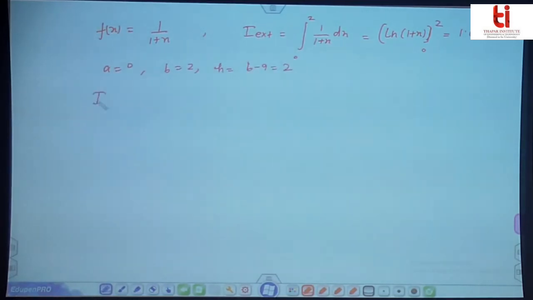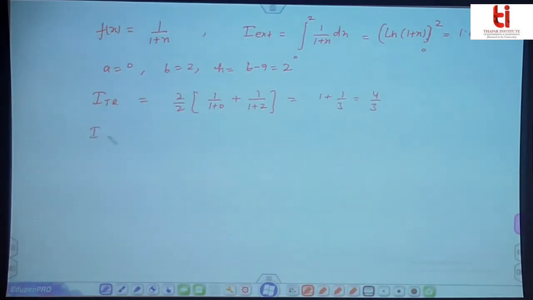Then the trapezoidal rule: it is 2 upon 2 times [f(0), so 1 upon 1 plus 0, plus 1 upon 1 plus 2]. The integration value is coming out to be 1 plus 1 upon 3, that is 4 upon 3.